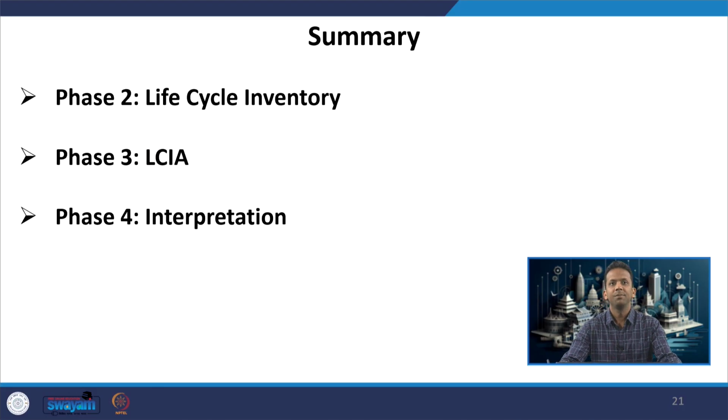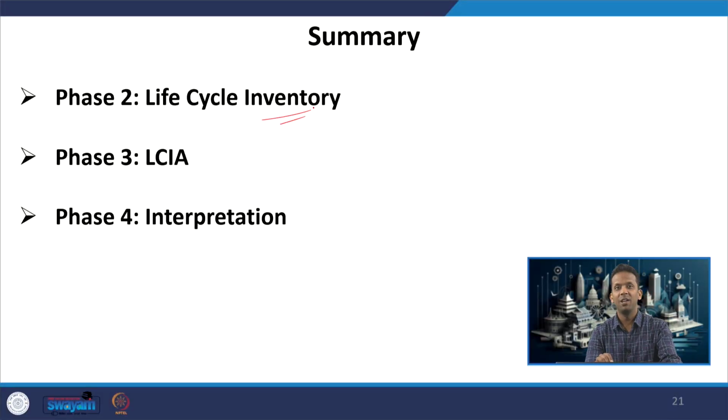So, with that I think we will summarize today's lecture. We started with phase 2, life cycle inventory, which deals with the collection of data, mainly the inputs and outputs in the form of material and energy, where each of those inputs and outputs is linked to flows and represented in the form of a table.